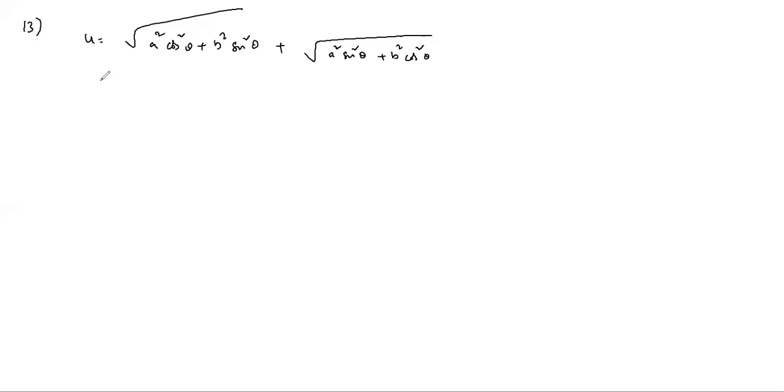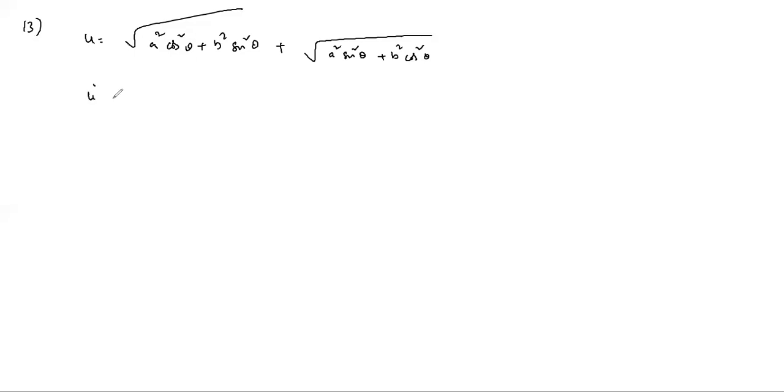u equals to root of a square cos square theta plus b square sin square theta plus root of a square sin square theta plus b square cos square theta. So to find the difference between the maximum and the minimum values of u square.